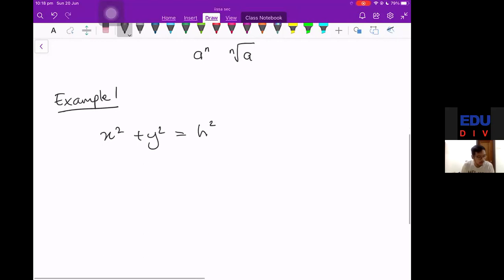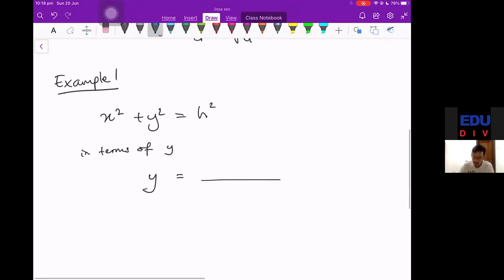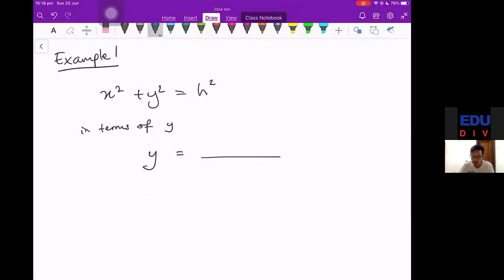Let's say we want to make everything in terms of y, so we need to make y the subject. To do that, we need to rearrange the formula. Let's start with y squared. Firstly, we want to change x squared onto that side. This is positive, so if you go to that side, it's going to be a negative sign.